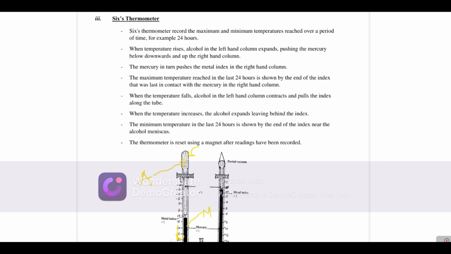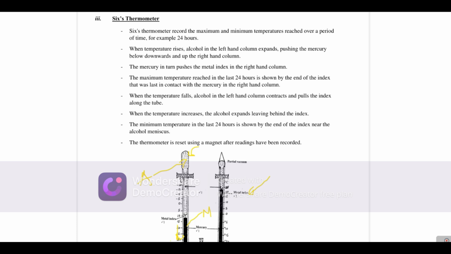Now the mercury in turn pushes the metal index in the right hand column. The mercury here is going to push this metal index, because there has been a push due to the expansion of alcohol, which has made the mercury also be pushed.